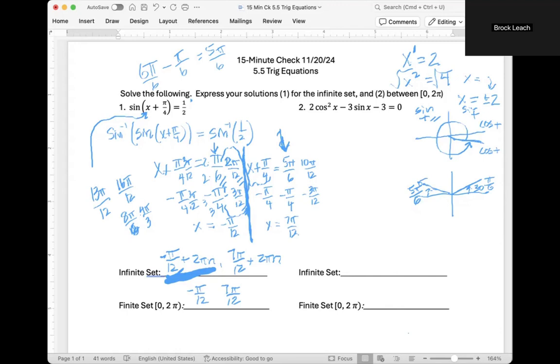Okay, I see what I did wrong. I calculated it after subtracting pi over 4 from both sides, and then I did pi minus the pi over 12.